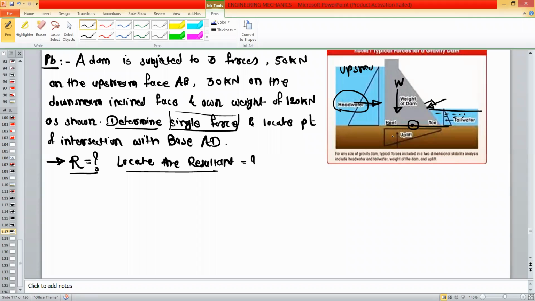So this is a general system. Now we have to draw the actual system.